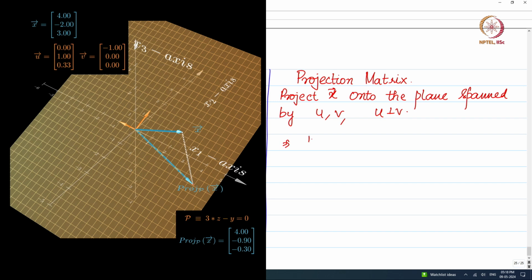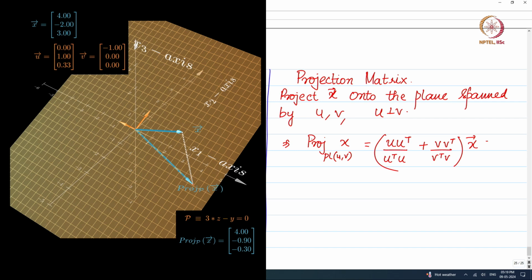How do I do this? The projection of x onto the plane spanned by u comma v is given by, we already know what it is for a single vector, u u transpose divided by u transpose u plus v v transpose divided by v transpose v, times x. That is all it is.